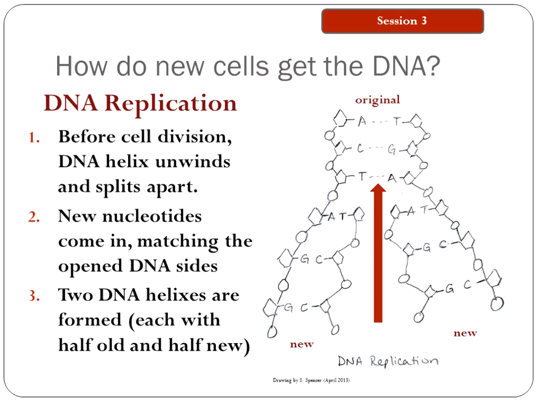So you end up with 2 new DNA strands, and the 2 new DNA strands are going to have half of the old strand and half new. So they're made up of a little bit of both. But in the end, you'll end up with 2 DNA strands that are identical to the original. Okay? So that is called DNA replication. And again, that only happens prior to cell division.